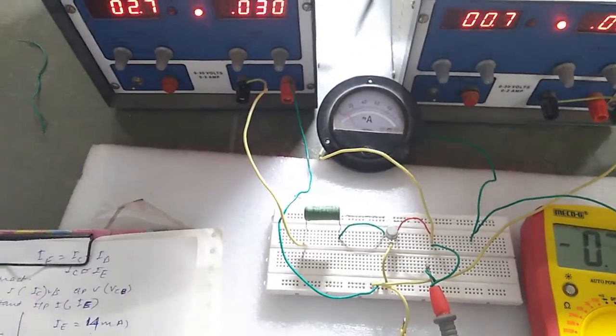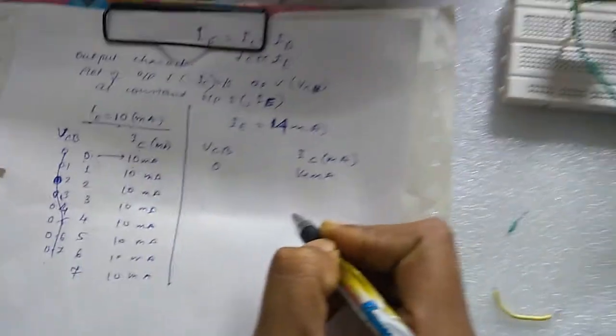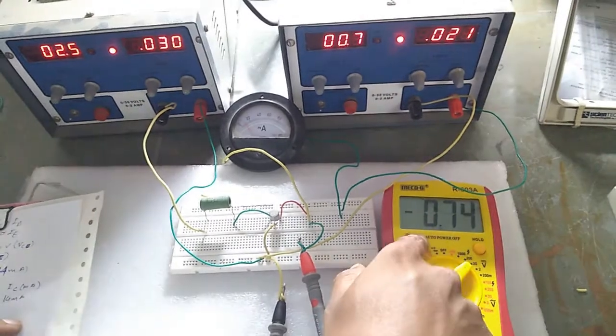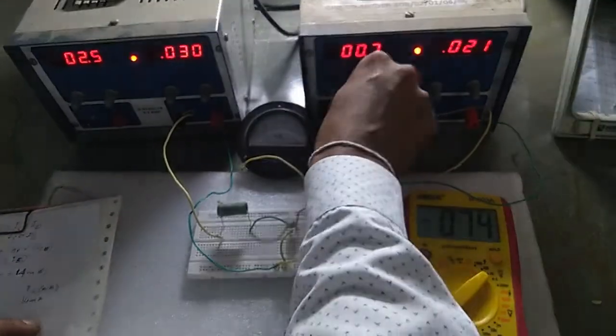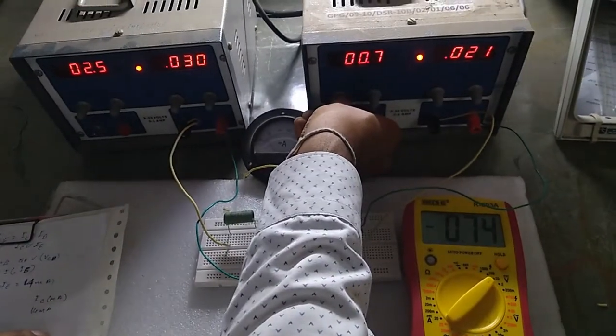So VCB equals 0 and IC equals 14 milliamps. Now keep on increasing. See, here the reading is negative. I have not given anything. All this 0. Now I will increase the voltage. I will increase the reverse bias.